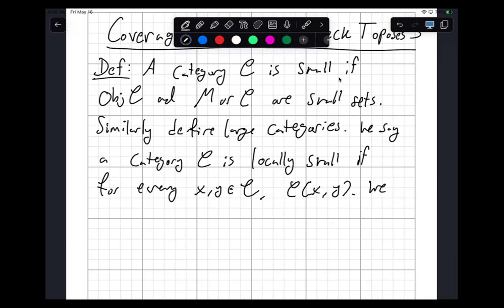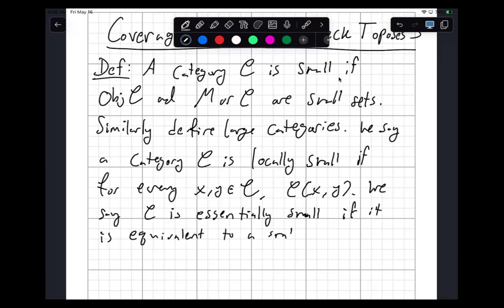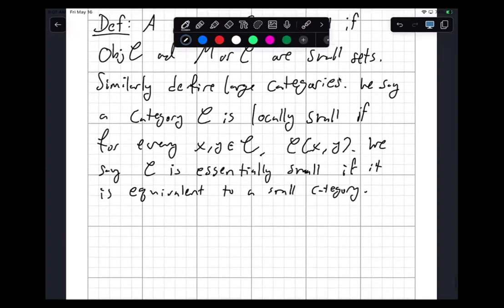We say C is essentially small if it is equivalent to a small category.